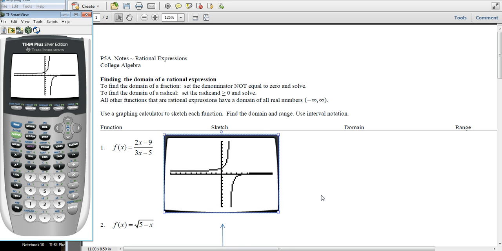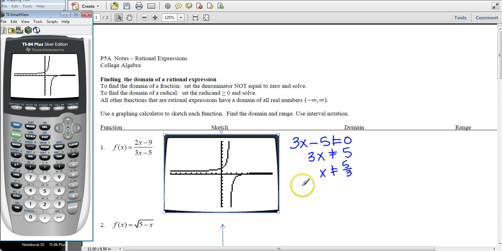In order to find the domain, we need to look at the denominator of the fraction. Remember, we cannot have 0 in the denominator, so to find the domain, we take the denominator and say that it is not equal to 0. Add the 5 to both sides, so 3x is not equal to 5. Divide by 3, x is not equal to 5/3.